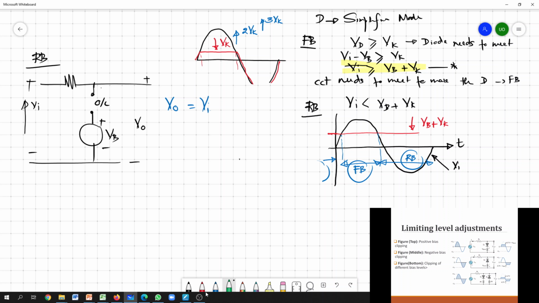So we can draw the output. Once the diode is forward bias, the output would be VB plus VK. Otherwise, the output voltage is simply aligned with the Vin. This is the V out.